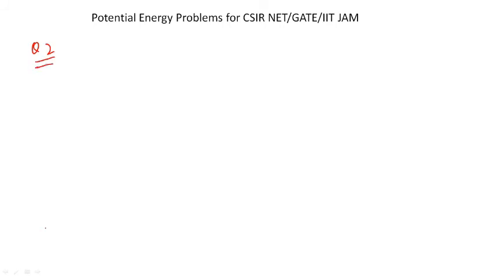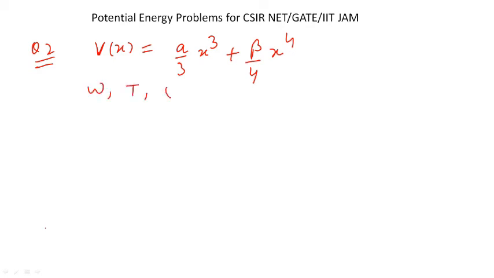The second problem is that Vx is given as a by 3 x cubed plus beta by 4 x to the power 4. Now you have to find here the angular frequency, time period, and the linear frequency. And it is given that a and beta are positive constants.